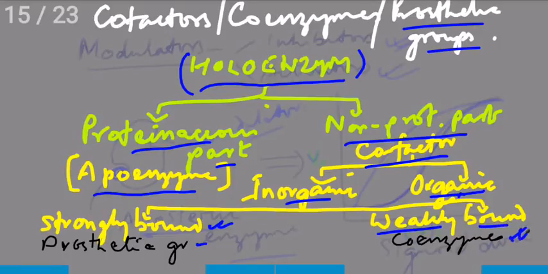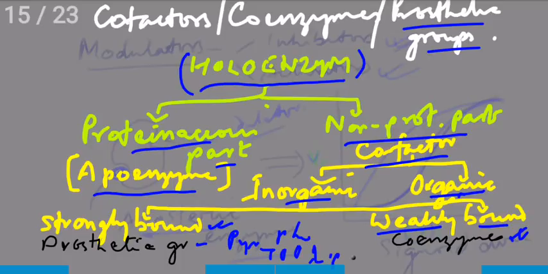So this is the example. For example, pyridoxal phosphate is a prosthetic group. TPP, thiamine pyrophosphate, is a prosthetic group. Lipoic acid is also a prosthetic group.